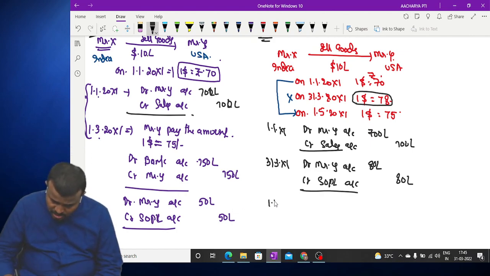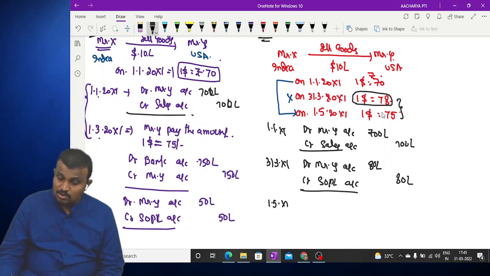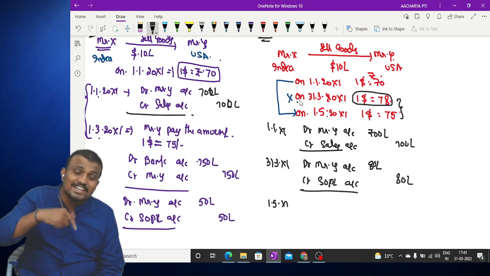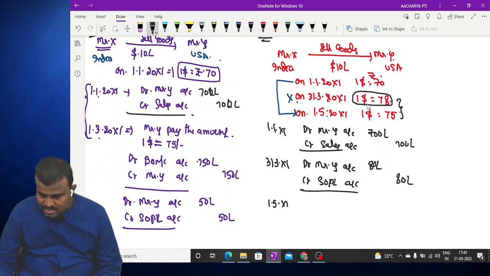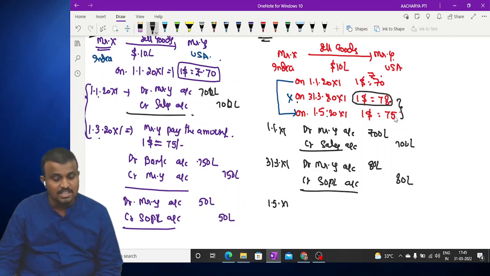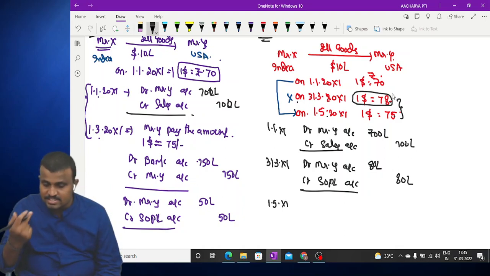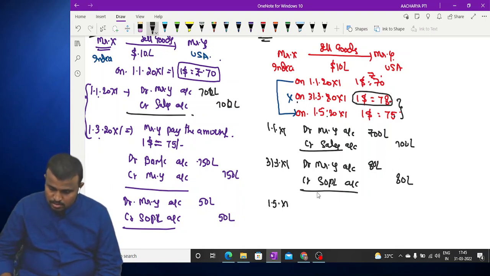Then on the settlement date, we compare the rate available on the settlement date with the rate available on the date of financial statement. The rate on the date of financial statement is 78. The rate on the settlement date is 75, which means the foreign exchange rate has decreased by 3 rupees.